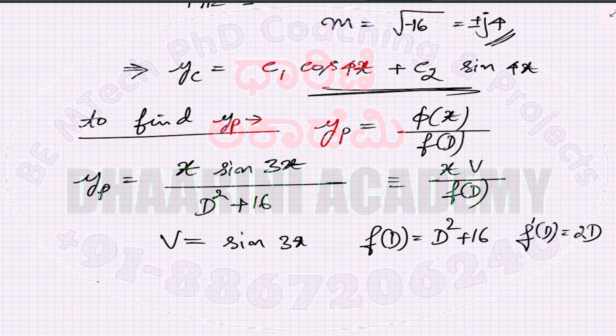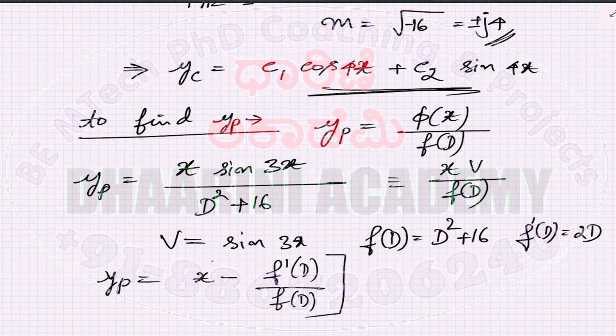So type 5. As soon as we observe type 5, you can calculate yp using the formula, that is x minus f dash d by f of d into v over f of d.